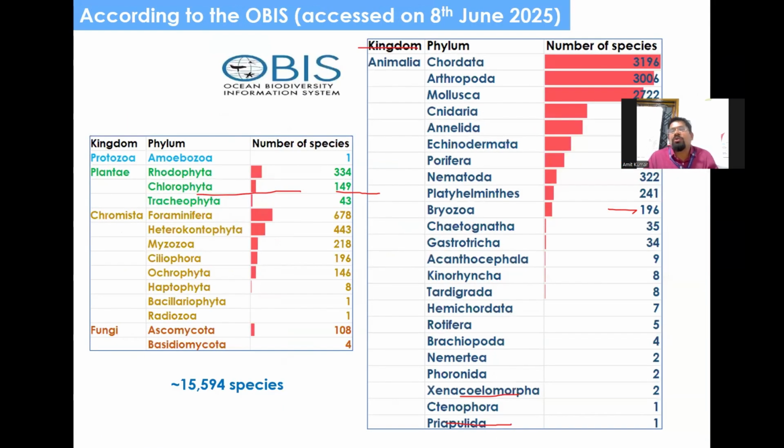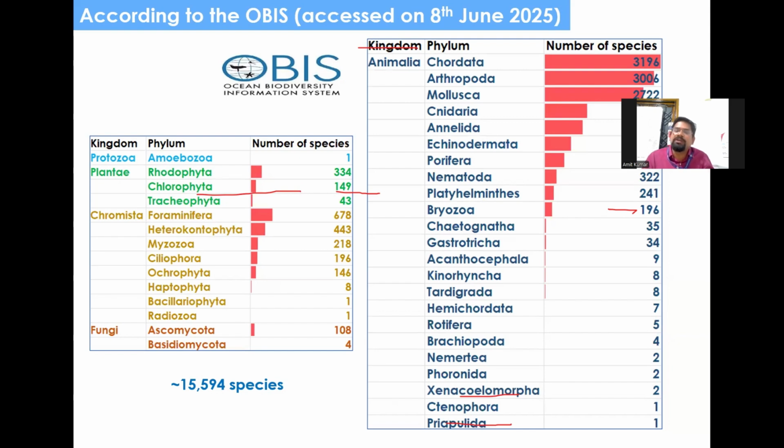So after looking into all those previous literatures, what I did yesterday was try to get a rough estimate of the marine phyla or marine species present in Indian waters.